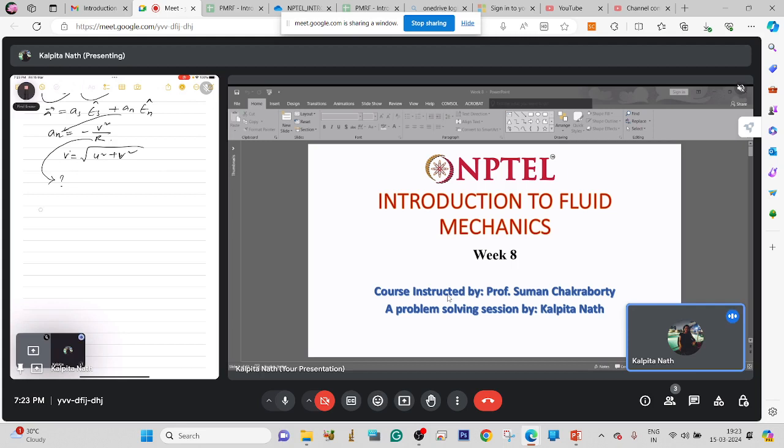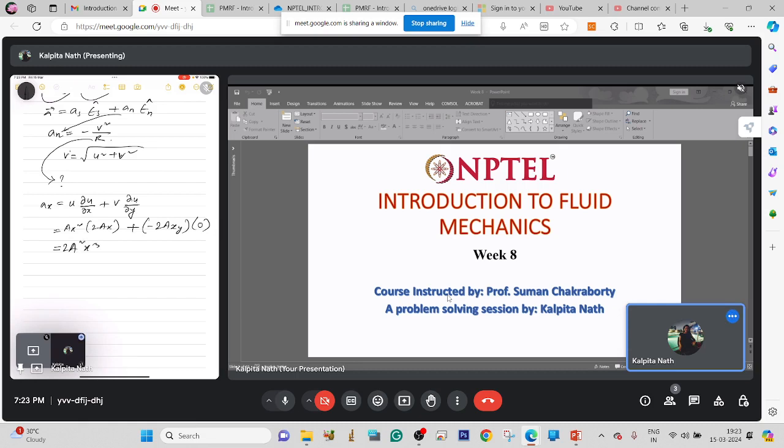First of all, we know that ax equals u del u del x plus v del u del y, which is ax square times 2ax plus minus 2axy multiplied by 0. This will give us 2a square x cube.